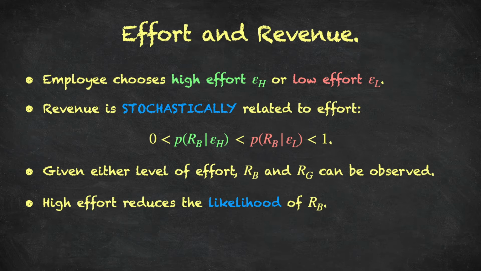So let's make this quite clear and say that if the employee exerts a high level of effort, then the probability of bad revenue conditional on high effort is less than the probability of bad revenue conditional on low effort. So if the employee chooses to exert a high level of effort, they make bad revenue less likely and so make good revenue more likely. This is what we mean by a stochastic relationship.